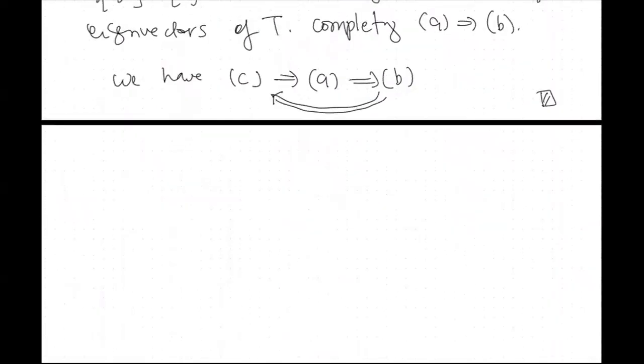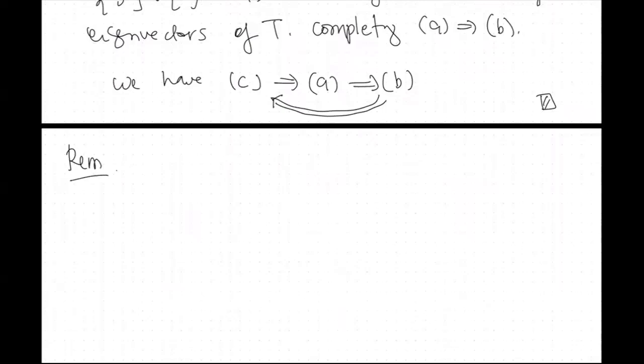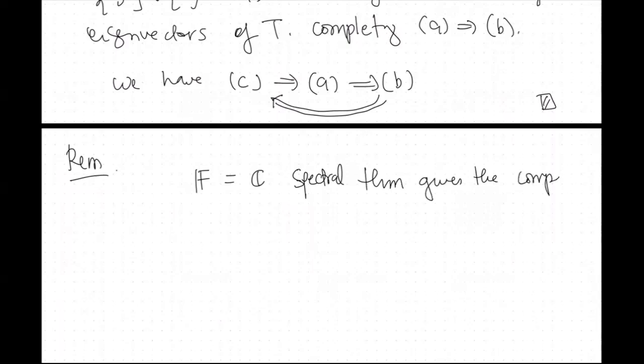Okay, let's end this lecture with some remarks. If F is C, then the spectral theorem gives the complete description of normal operators, and then a complete description of self-adjoint operators.